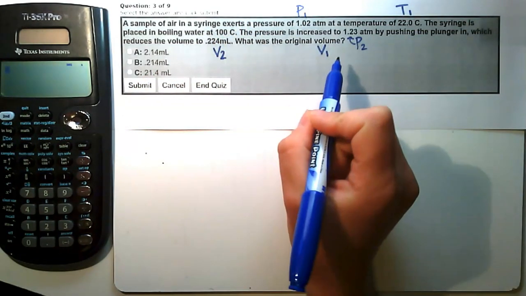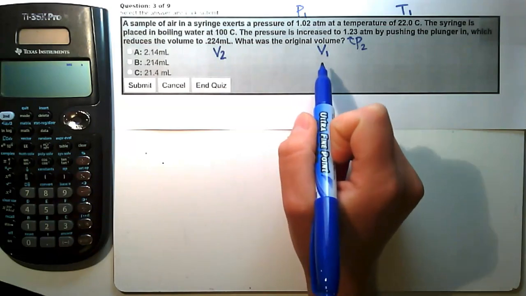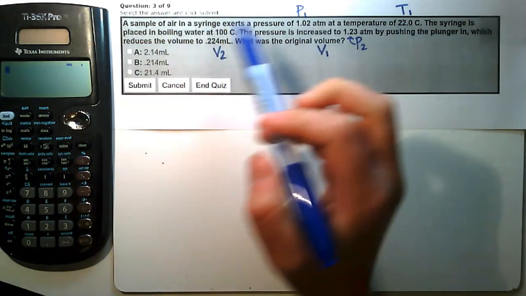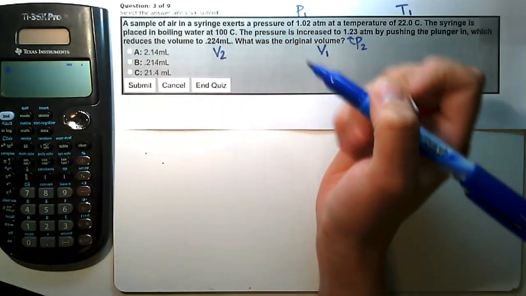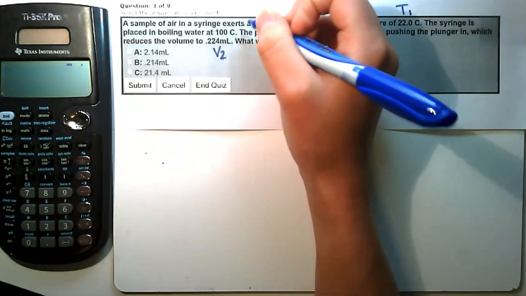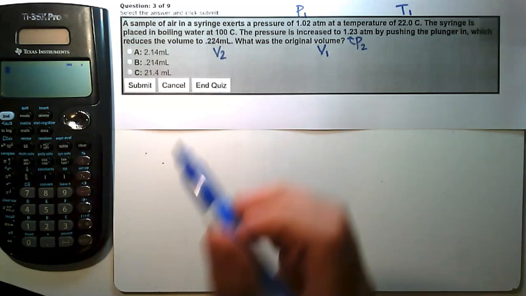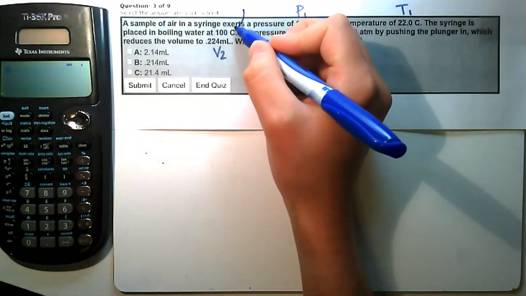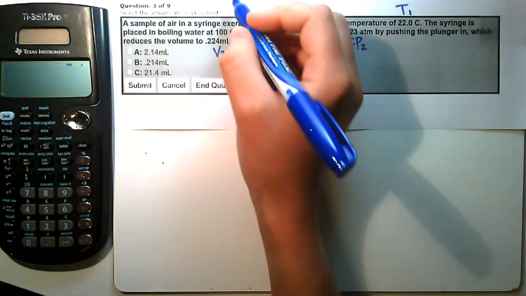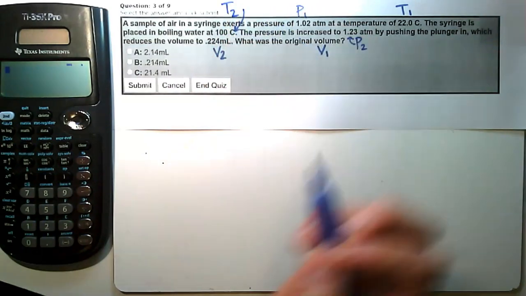And we're asked specifically for the original volume. Alright, and then the syringe is placed in boiling water at 100 degrees Celsius. So we are to assume that when we put that syringe in the 100 degrees Celsius water, the temperature is increased up to 100 degrees Celsius. So this would be our T2 value.